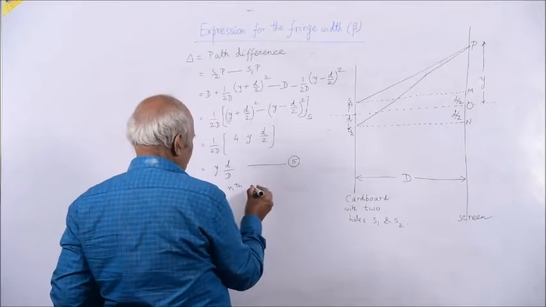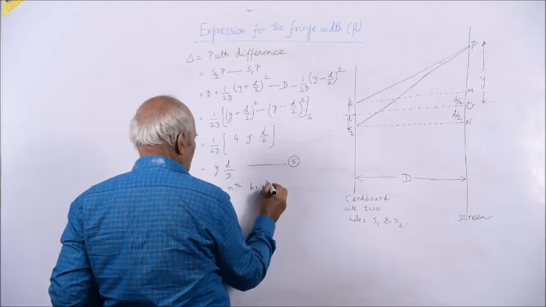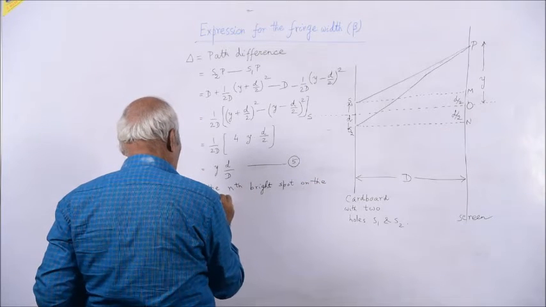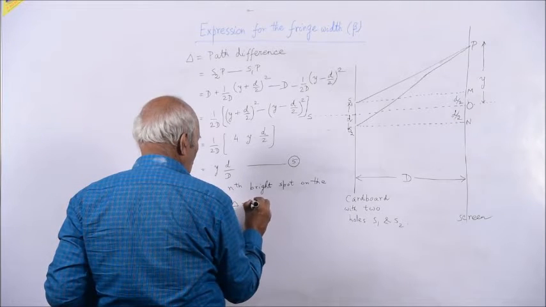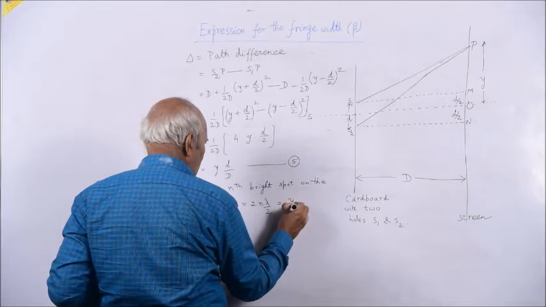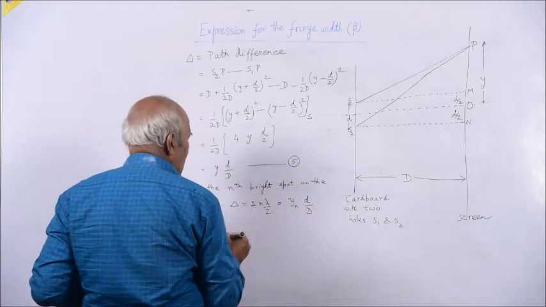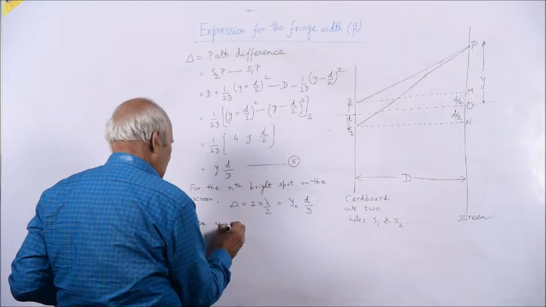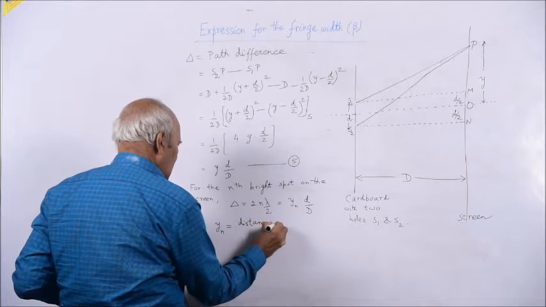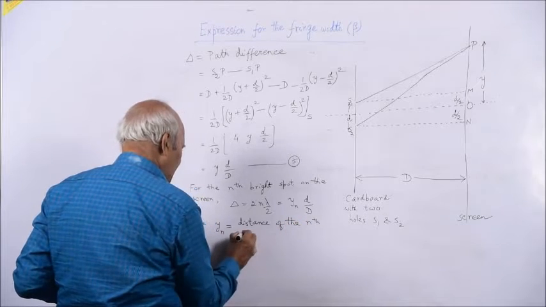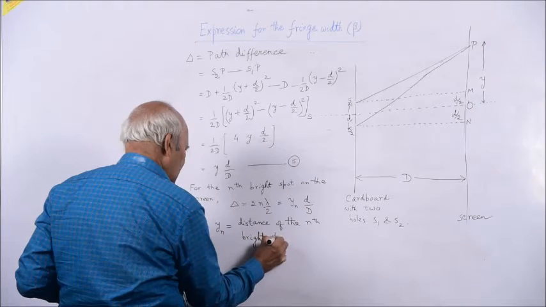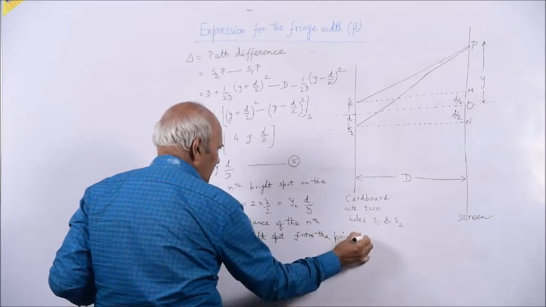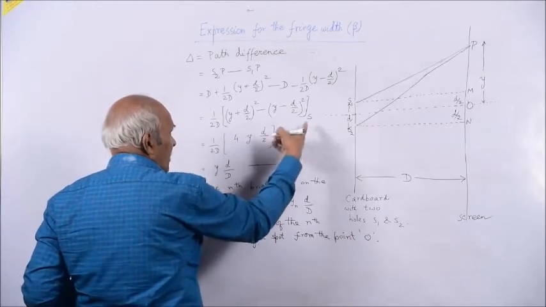So, let us say that for the nth bright spot on the screen, delta is equal to 2n lambda by 2 is equal to y_n d by D. Here y_n is the distance of the nth bright spot from the point O, where O is the foot of the perpendicular dropped from S on the screen.